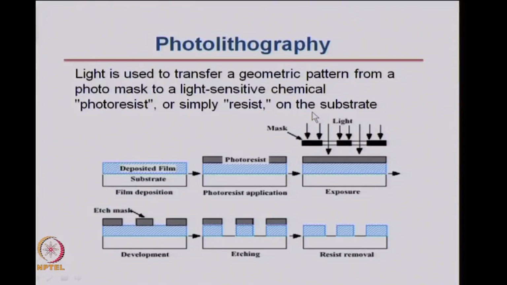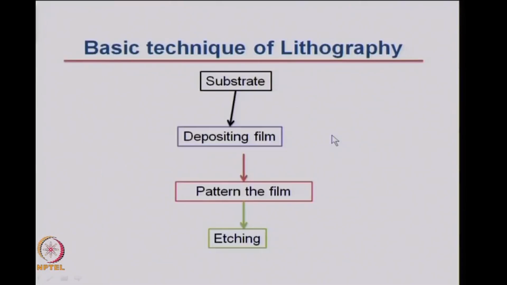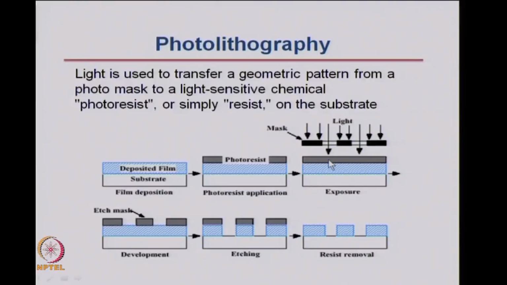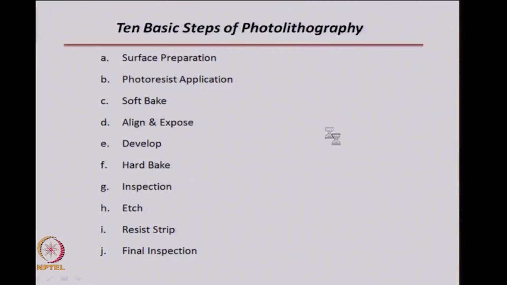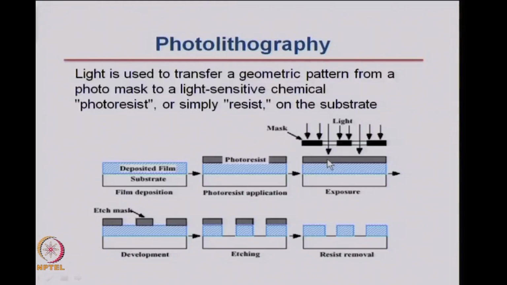and then when you shine light, the mask is such that wherever it is having some material, it will not allow the light to pass through. However, in this region which is shown as white, the light will go through this and hit the photoresist. So, in this region the photoresist is not having any light falling, only in this region the light will fall on the photoresist.